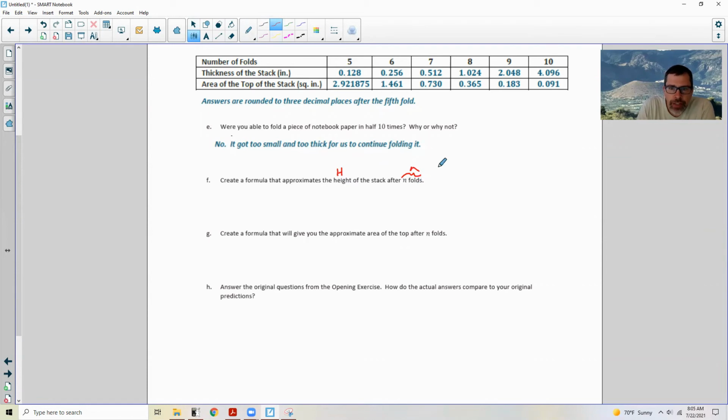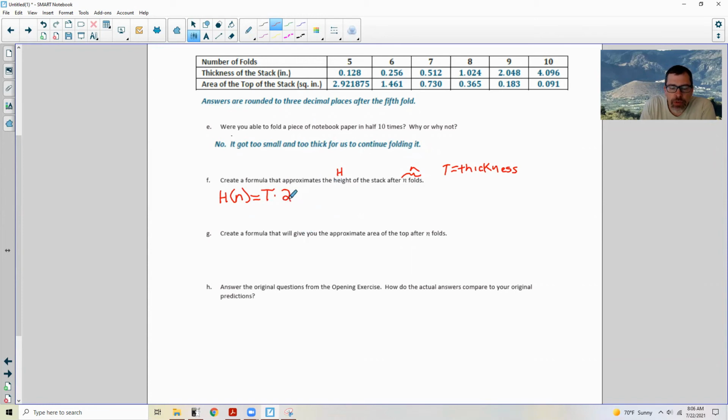What we're calculating is thickness. So a formula would be height with respect to the number of folds, h of n equals the thickness of the paper times, and since we are doubling this, our base is 2.